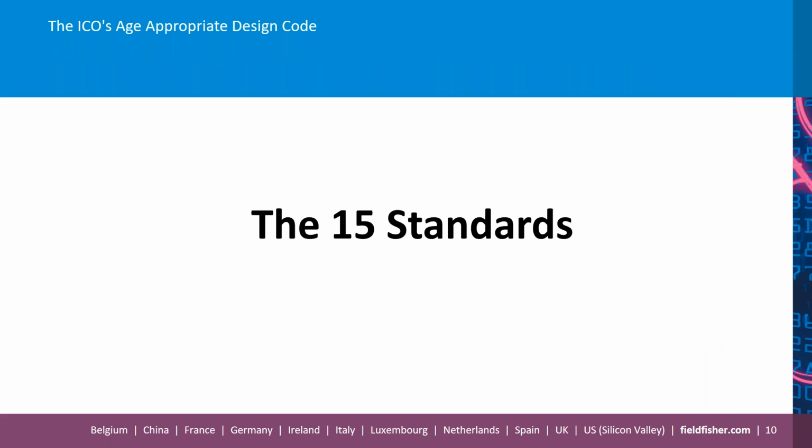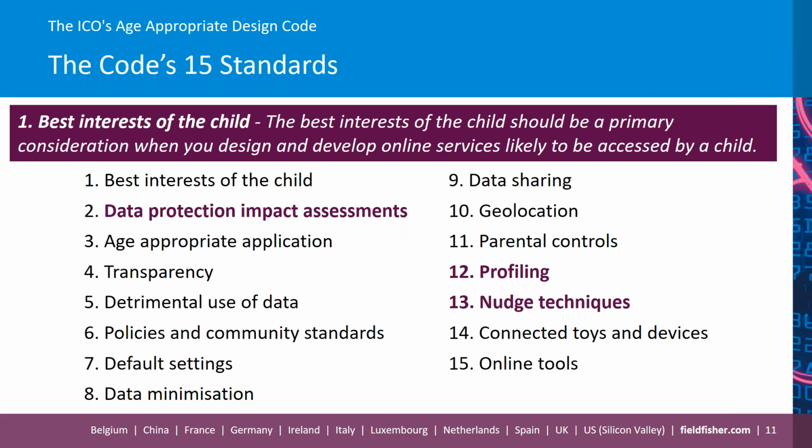So on now to have a look at the 15 standards. So they cover quite a broad range of topics, from transparency and detrimental use of data to geolocation, parental controls, connected toys and devices. A key theme that runs through all of them is actually the first standard, the best interests of the child.